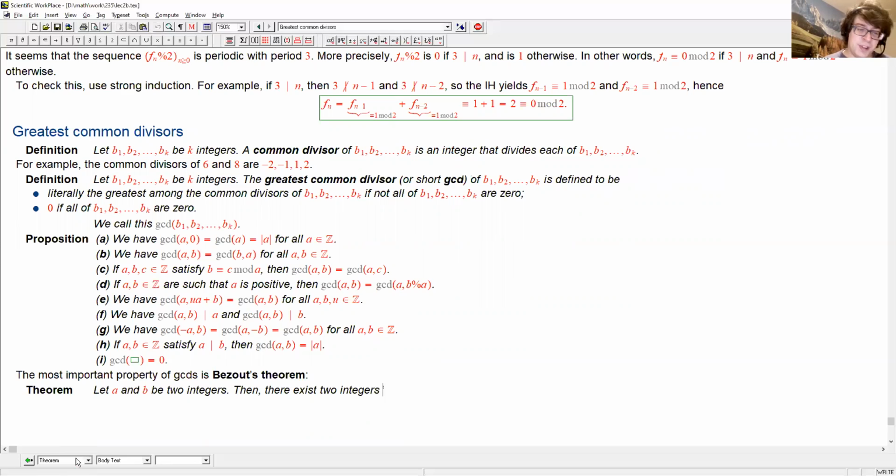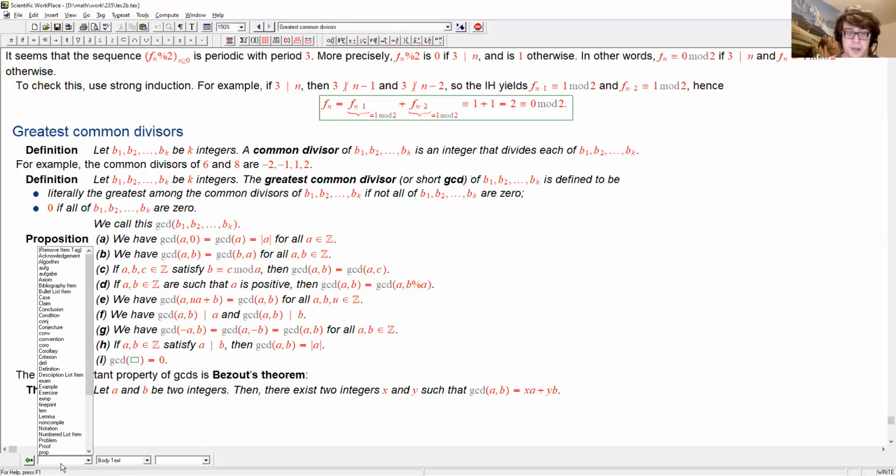It's saying if a and b are 2 integers, then there exist 2 integers x and y such that GCD(a, b) equals xa plus yb. In other words, GCD(a, b) is always a multiple of a plus a multiple of b. Or if you want, it's always a linear combination of a and b with integer coefficients. A Z-linear combination, as it's often called.